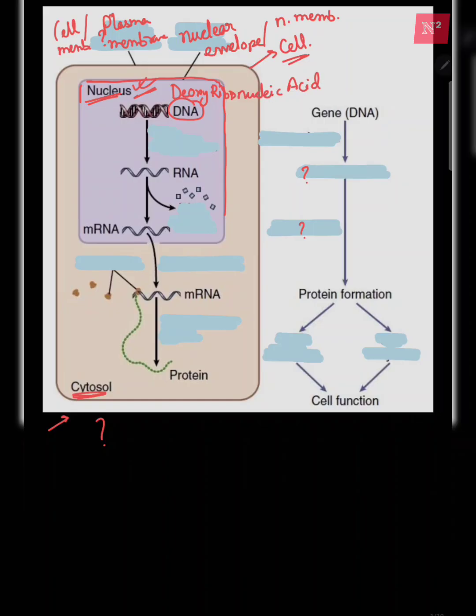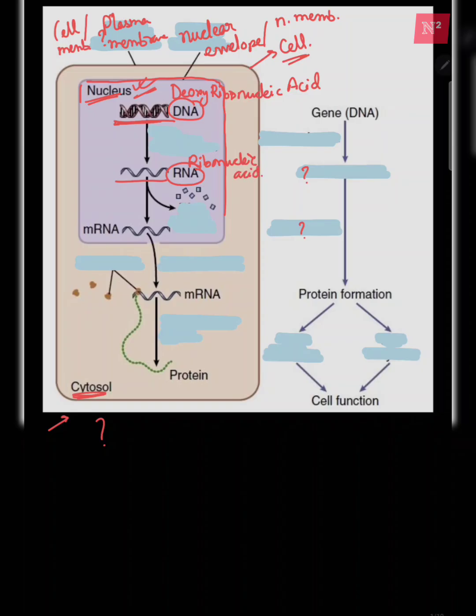From the double helix DNA, a single strand of genome is produced, which is called RNA. The full form of RNA is ribonucleic acid.